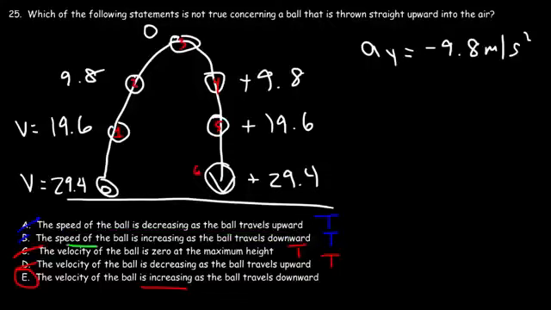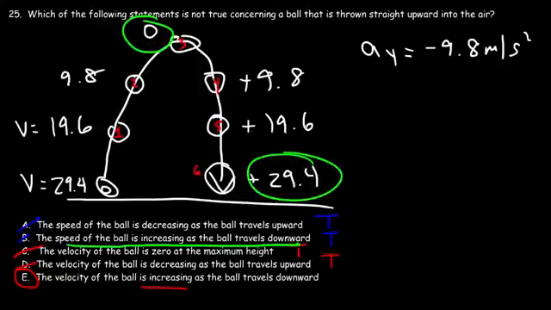B says the speed of the ball is increasing as the ball travels downward. As you go from 0 to 29.4, the numbers are increasing. So to understand this question, it's important to keep in mind that speed is always positive, but velocity can be positive or negative.